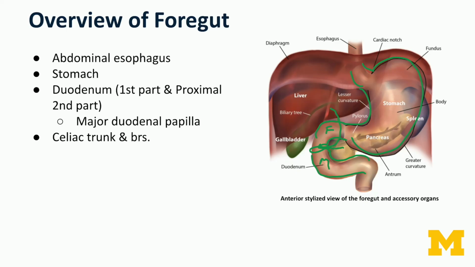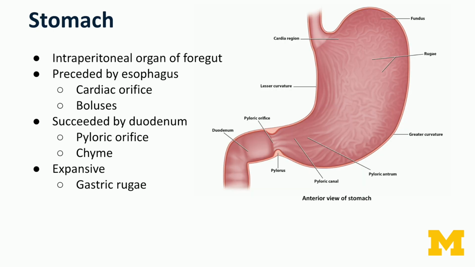And so those accessory organs are going to be anatomically associated with the foregut, but functionally, because the secretions go in there, they're more associated with the midgut. This region is predominantly served by blood through the celiac trunk, which is the first major branch of the abdominal aorta, and its branches. So let's take a look at the stomach.